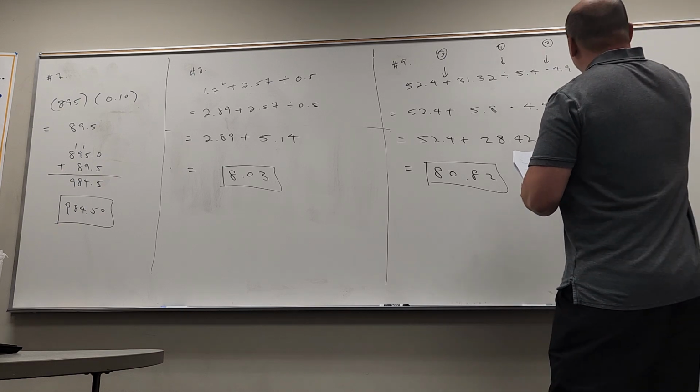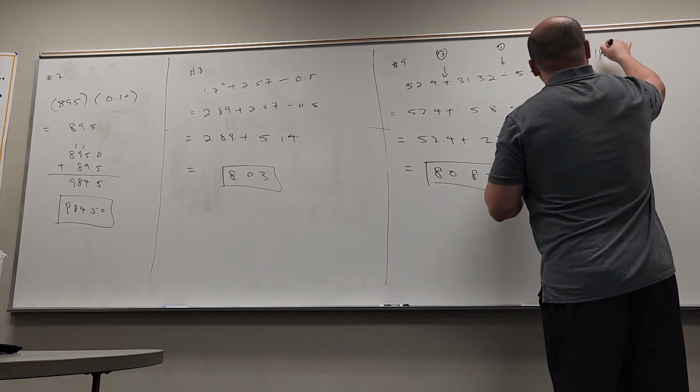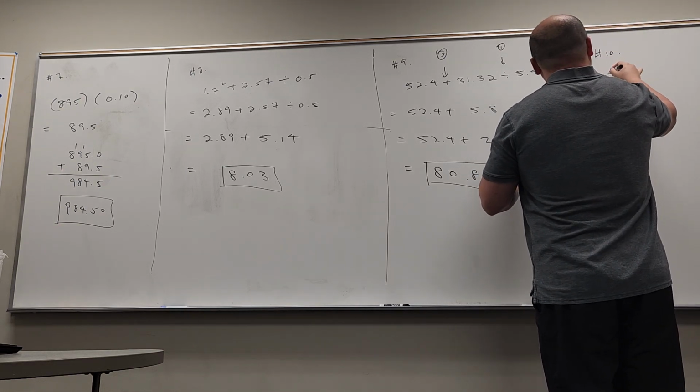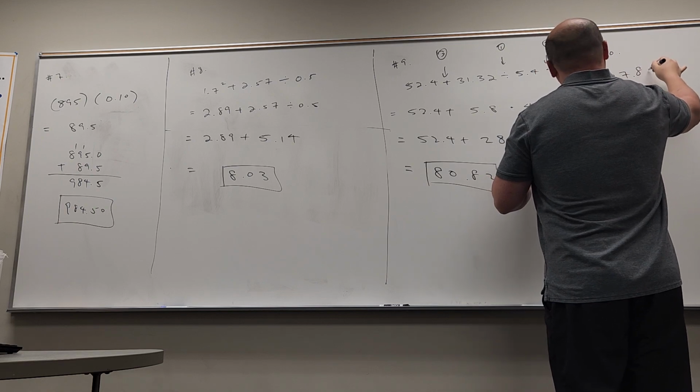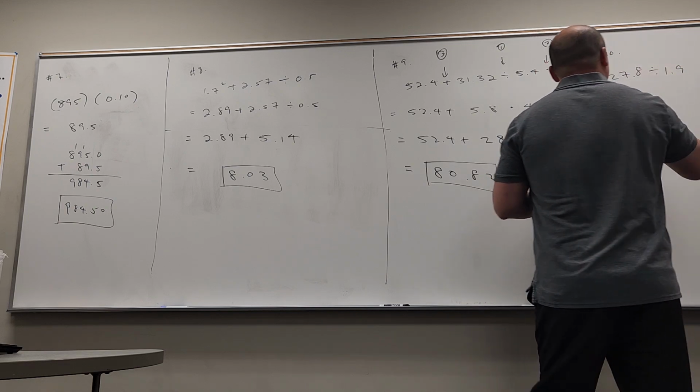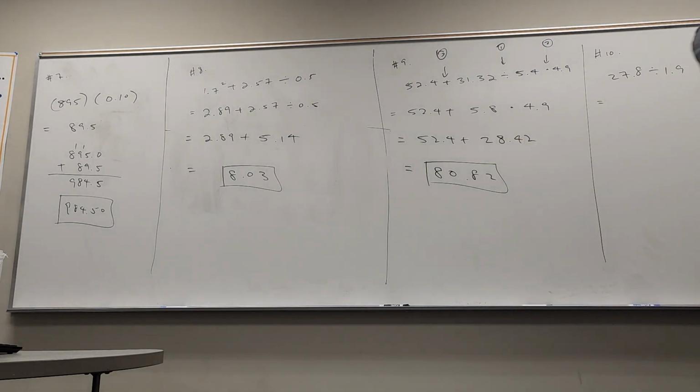Now for number 10, it's just exactly what you see is what you get. 27.8 divided by 1.9. Just gotta divide it. And you know what, let me go get a calculator, because I cannot do this in my head.